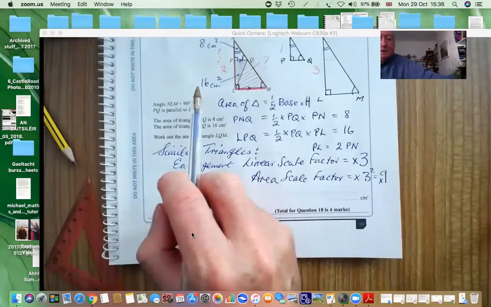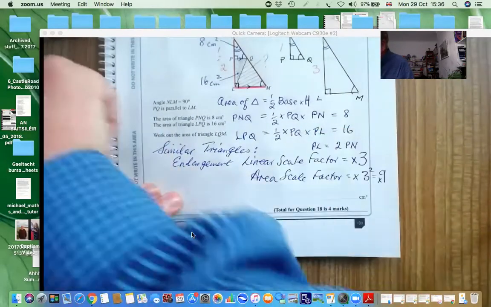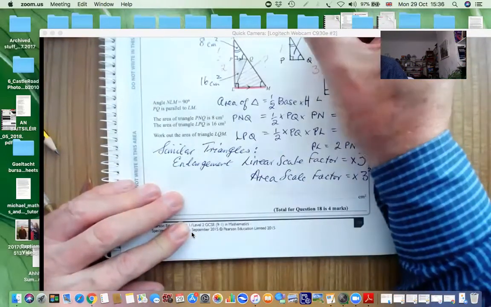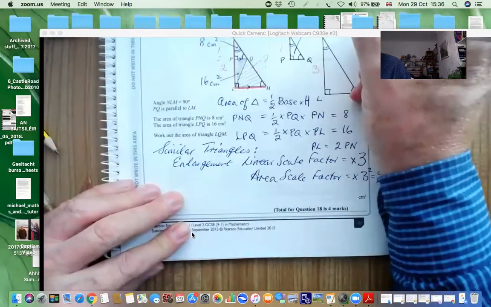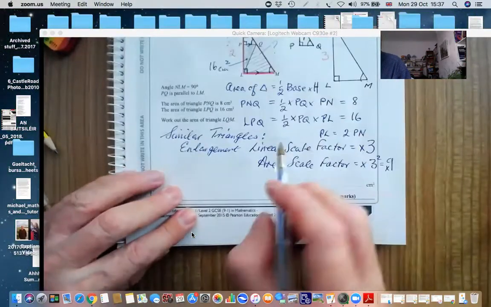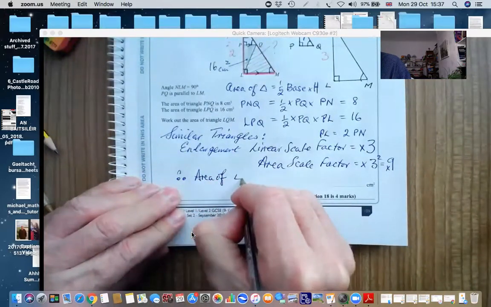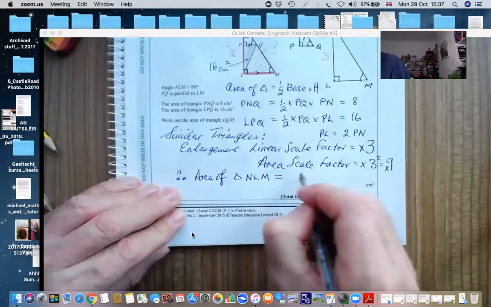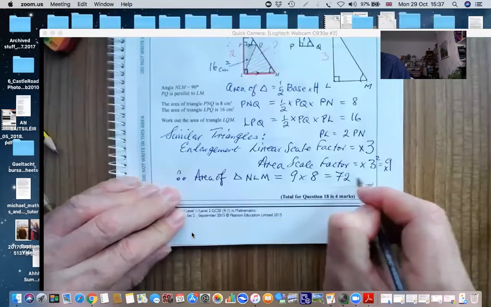So now, let me think a moment. The area of the small triangle we were told was 8. So therefore the area of the big triangle, of triangle NLM, is equal to 9 times the 8, which turns out to be 72 cm squared.